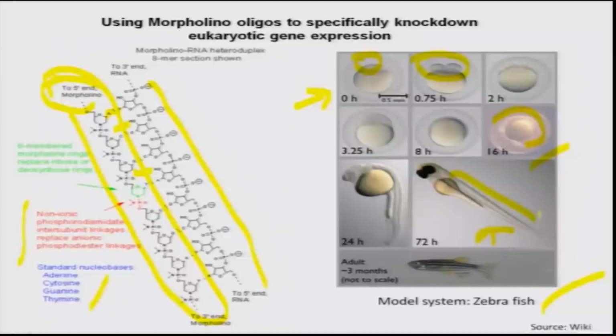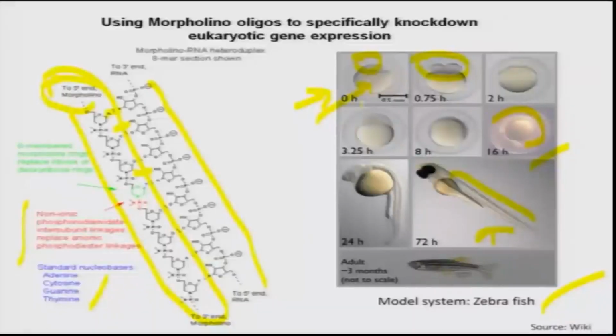So, if you are looking at genes that are involved in a developmental process, all you have to do is take these oligos and inject them into the egg and see whether the process is happening or hampered. If the gene is critical for the process, then the RNA is going to form a duplex that will not be translated. So, you will not have the protein made. So, the process will be hampered. On the other hand, if that gene is not involved, the process would continue.